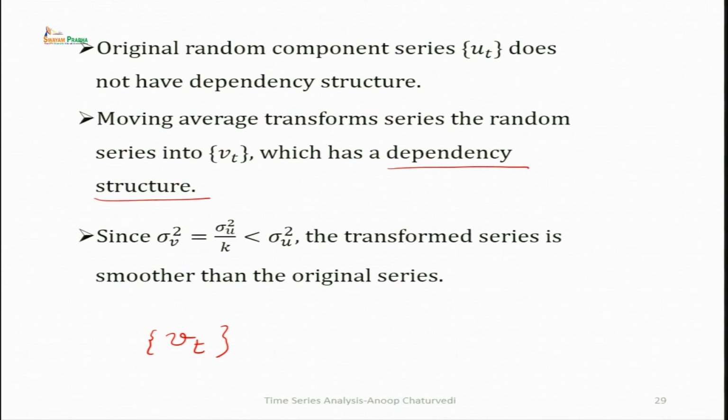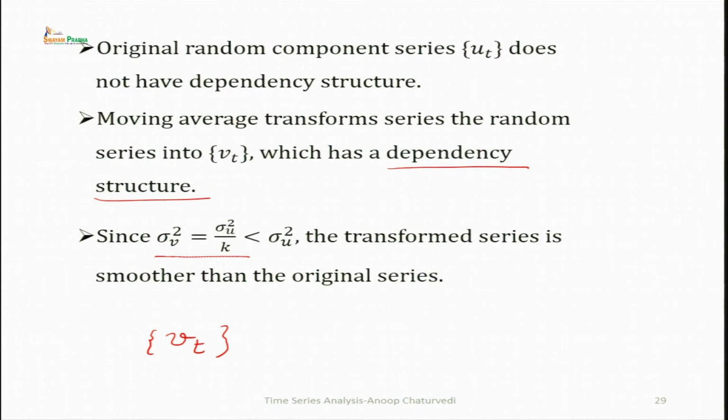So, this is how the k term moving average affects the random component or random series. The original random series does not have any dependency structure, but after taking the moving average, the resulting series has dependency structure. Further, the transformed series has lower variance than the original series.